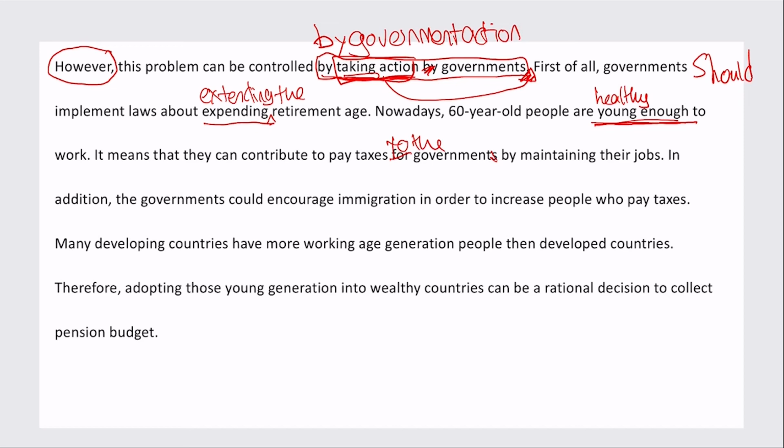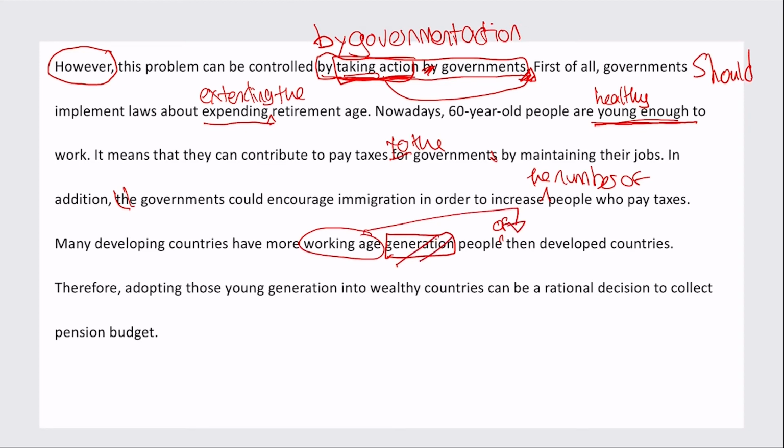"In addition, the governments could encourage immigration in order to increase people who pay taxes." Increase the number of people who pay taxes. "Many developing countries have more working age generation people, have more people of working age than developed countries.